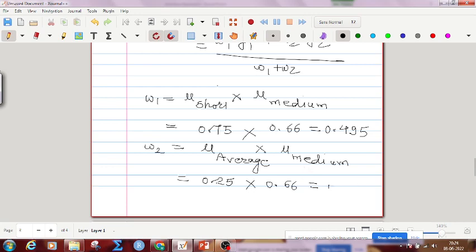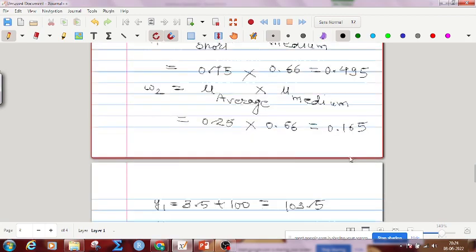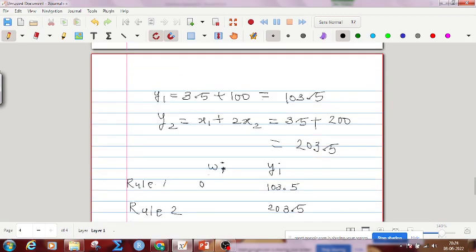It is equal to 0.165. Okay, so you get these values, 0.495 and 0.165. Okay, this is the table.